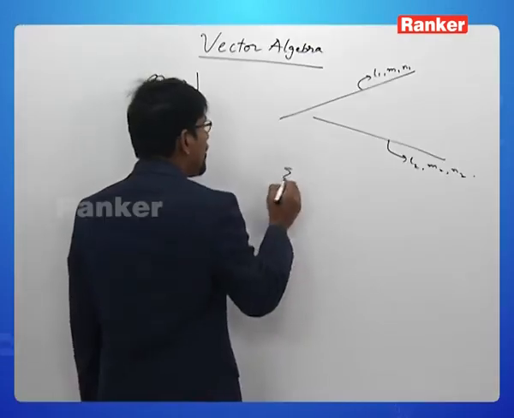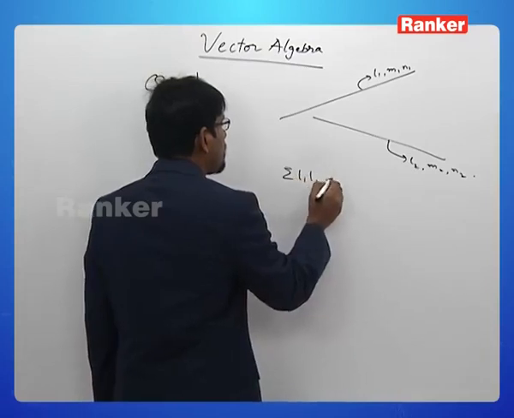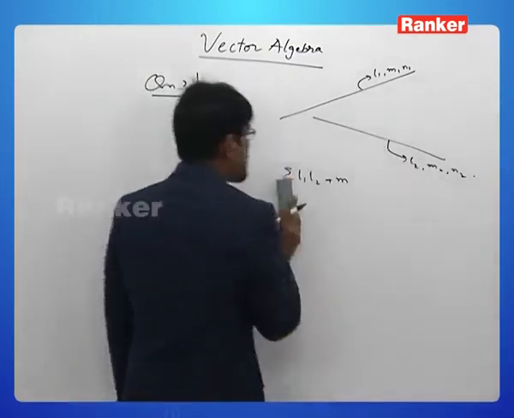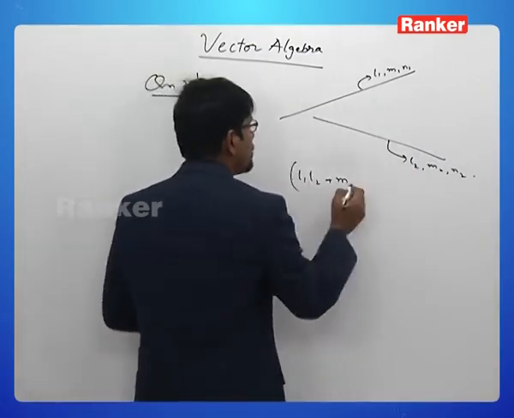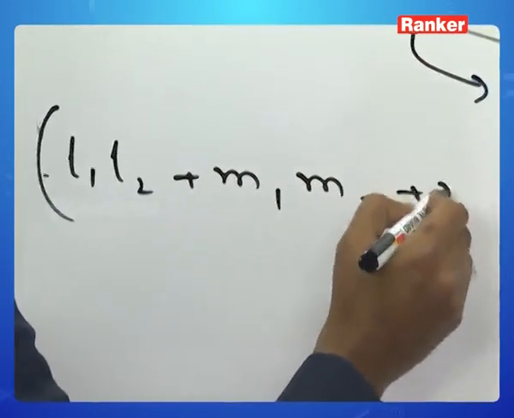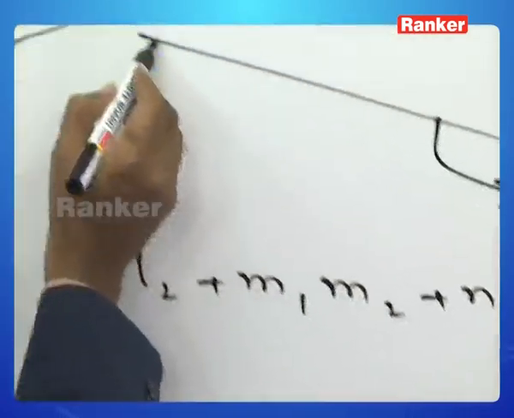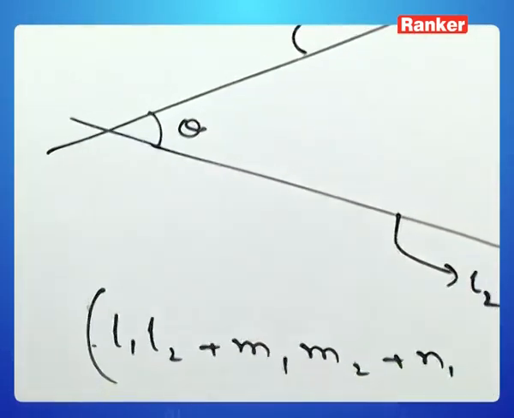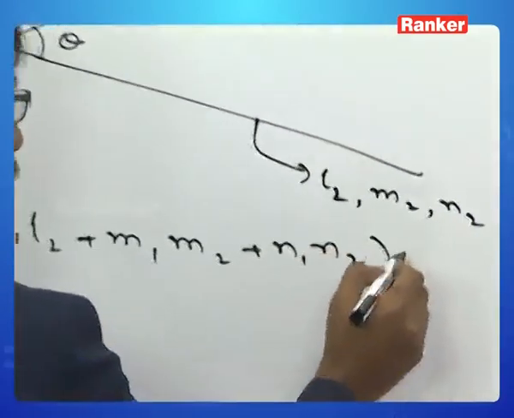Now the sigma L1 L2 plus M1 M2 plus N1 N2 is nothing but the cos of the angle between them, which is equal to cos theta.